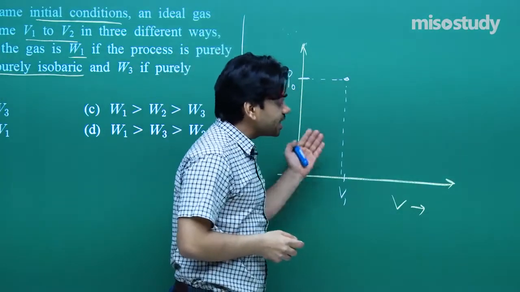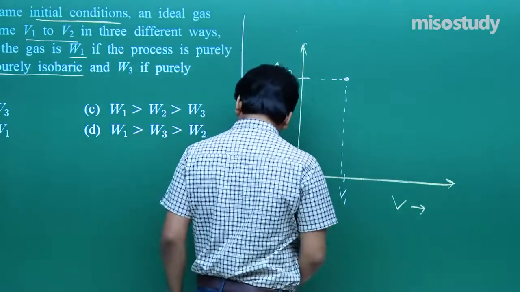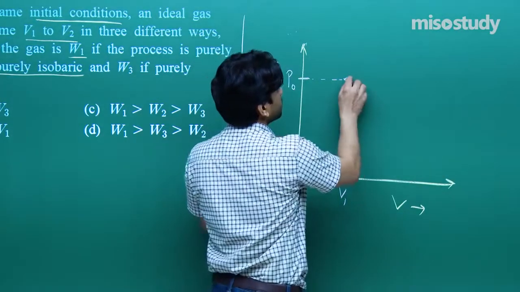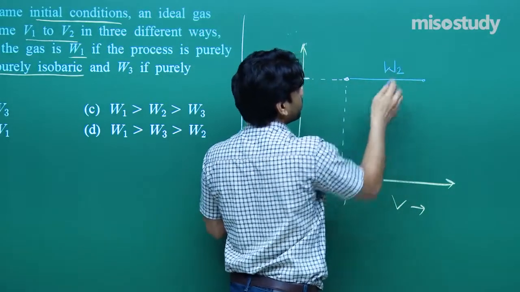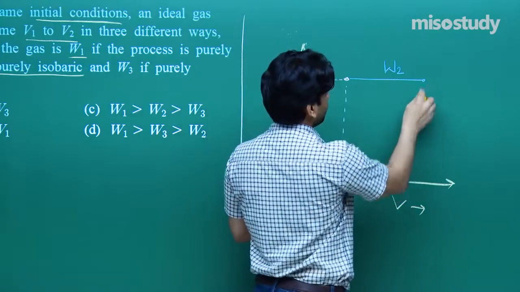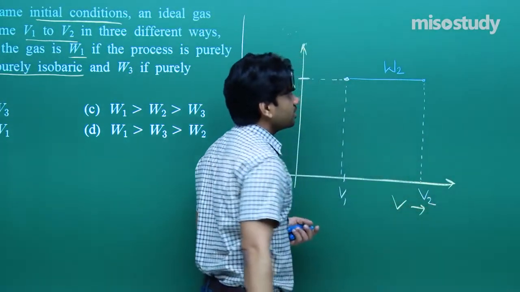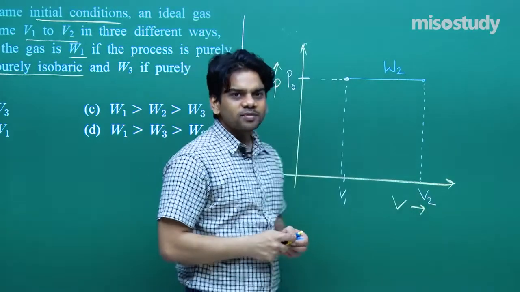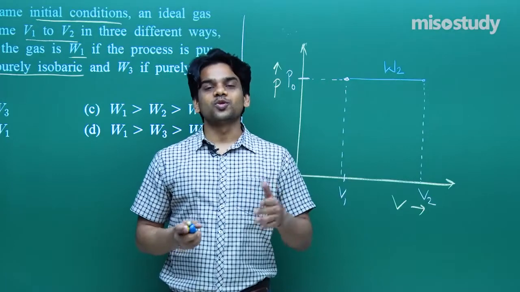Since the process is isobaric in the second case, we can draw the curve as this one for W2. It's an isobaric case. This is the final volume V2 that is attained. Very simply we can comment on this. Now understand the adiabatic and isothermal processes.